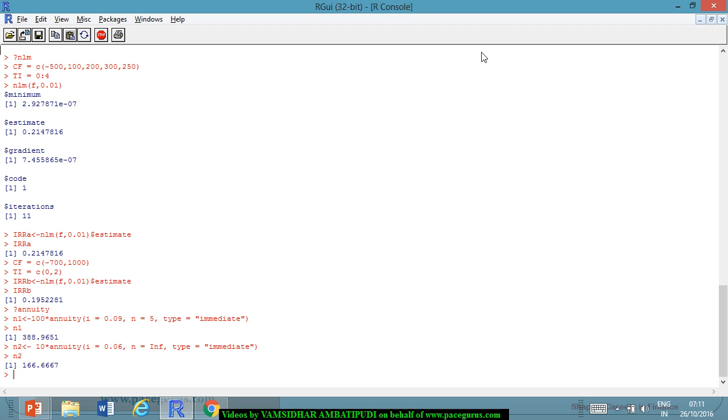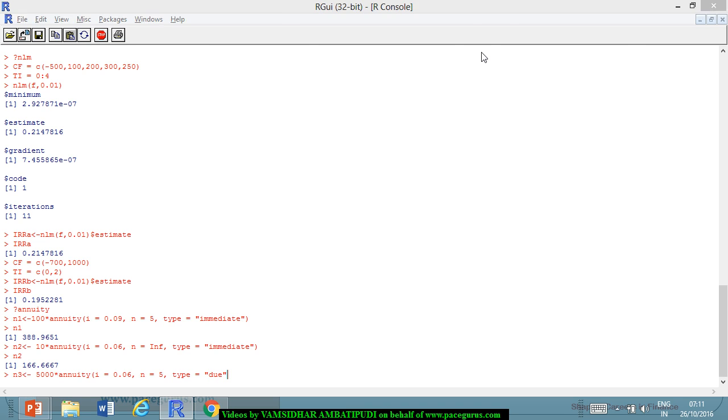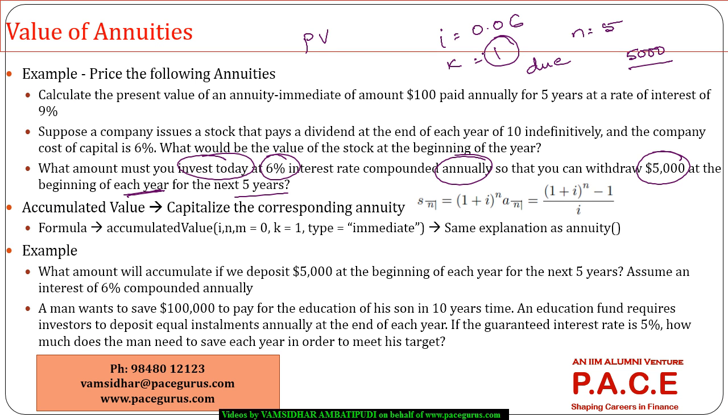So I can very well say the present value is nothing but 5,000 multiplied by annuity, where I is working out to 0.06. Then I have N, which is 5 years. And I am also now considering the type is not an immediate annuity, it's an annuity due. K I don't need to specify because it's once in a year.